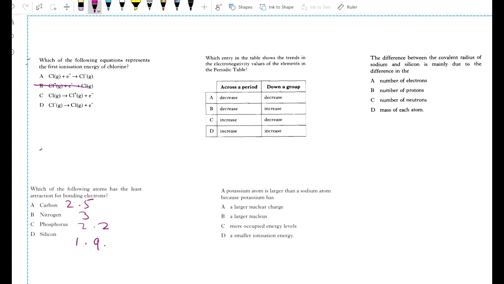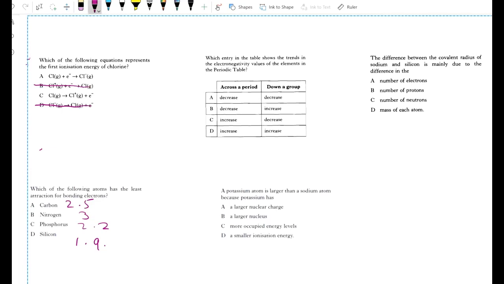Okay, D also has a charge. It's worth pointing out as well that in this case all of the elements are in a gaseous state. Sometimes that isn't the case, and if you see an equation where it starts with anything other than a gas, you can immediately discount it, okay, if it's asking about ionization energy. You're now then left with A and C, okay?